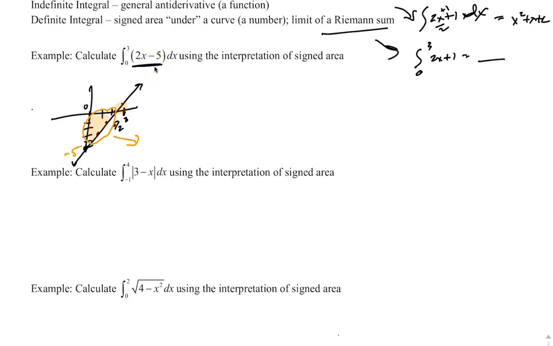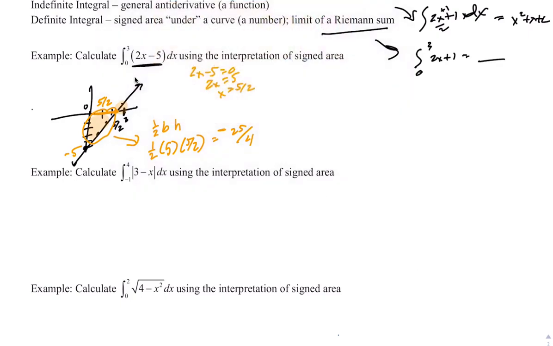We're starting at negative 5, so one half times 5, and my height here, it crosses at 5 over 2. If you're wondering how I got 5 over 2, I just set it equal to 0 to find my x-intercept. So that's where it crossed, 5 over 2. So in this case, I'm going to get 25 over 4, and that's going to be a negative value because it's below the x-axis.